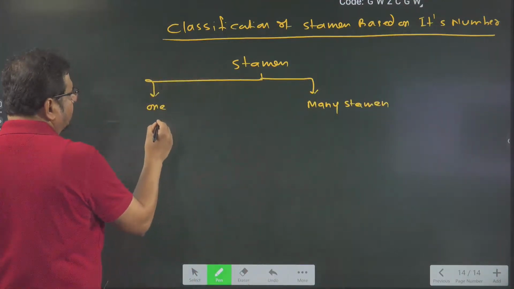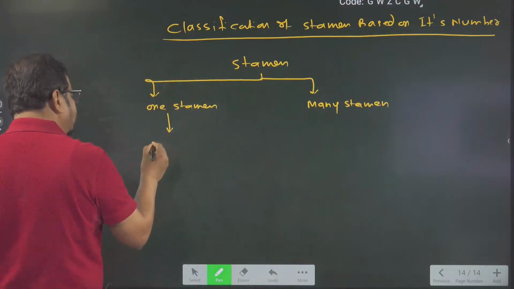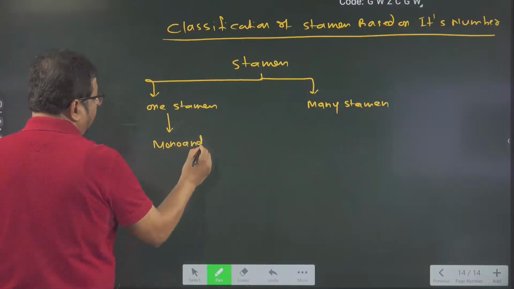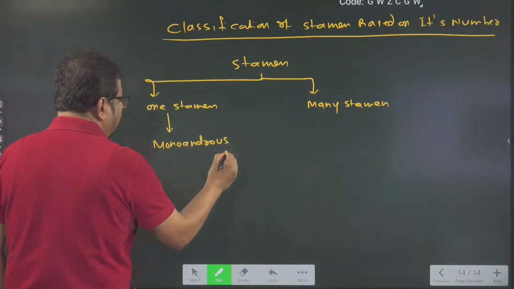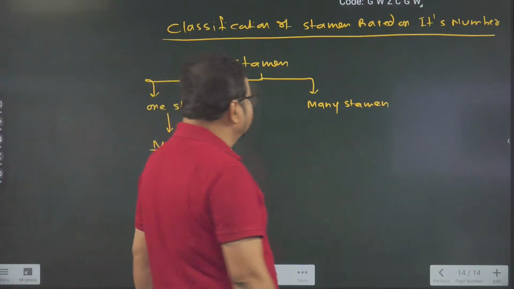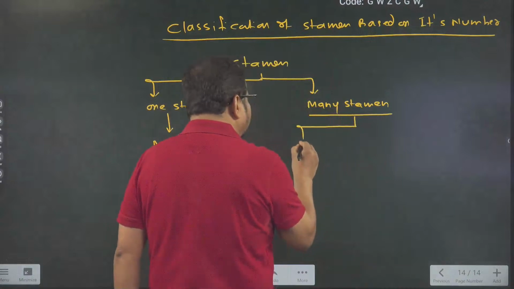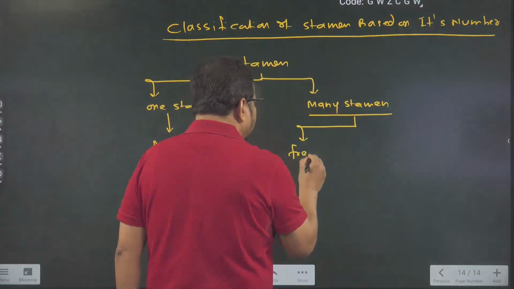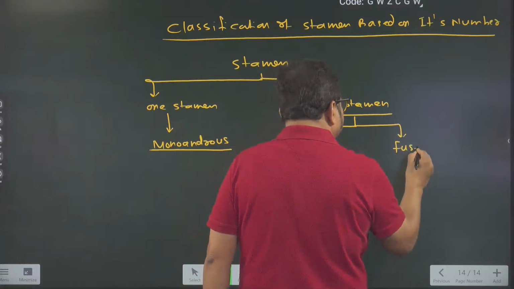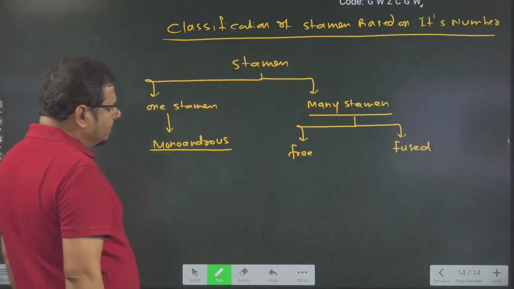One stamen is called, we use a terminology for it, monoandrous. It is not written in NCERT and no one will ask you, so I am also not focusing on it. When many stamen are there, two conditions are there: either it is free or it is fused.